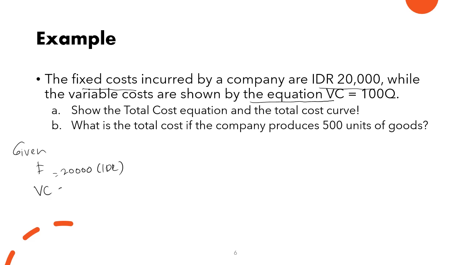VC is an equation, 100 times Q. So what are the questions? The total cost and the curve. And what is the total cost when Q is 500, or we can say TC at 500.